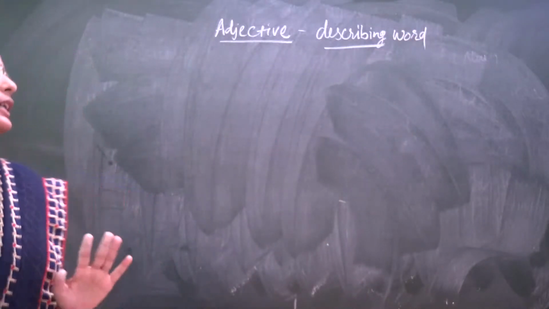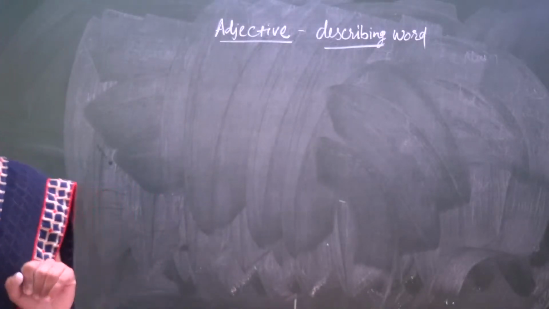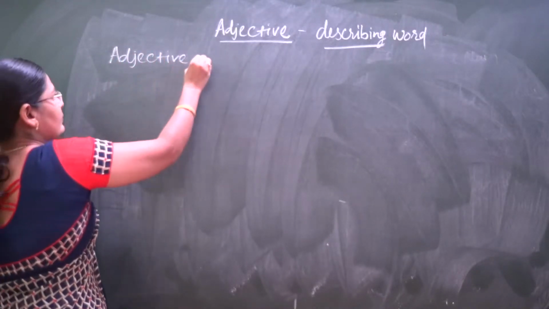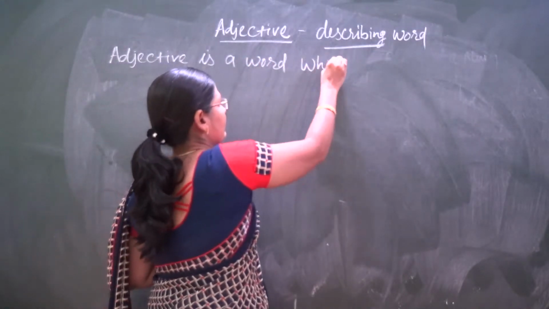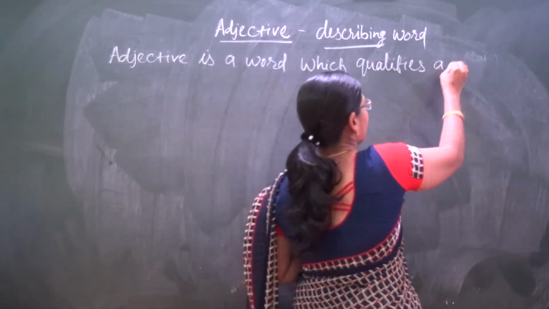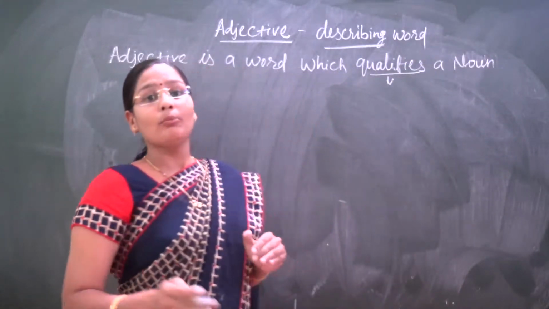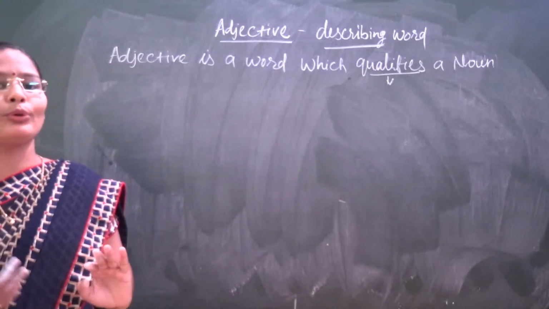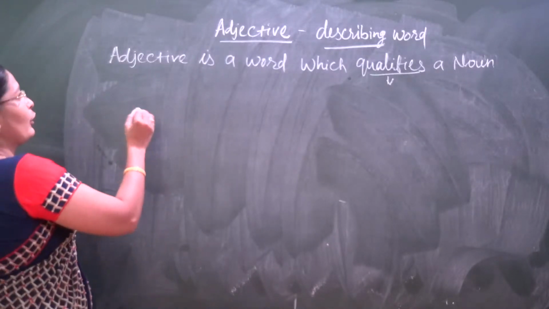Because it describes a noun. An adjective is a word which qualifies a noun, which describes a noun. Qualifies means giving more information, describing. So an adjective is a describing word for a noun.